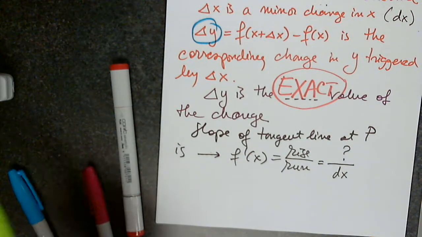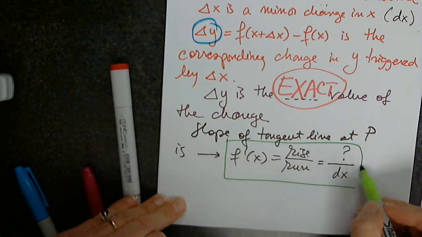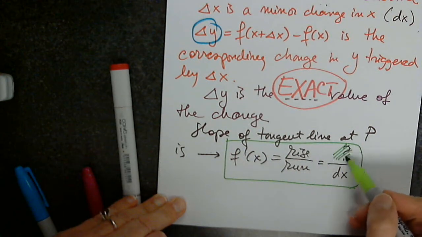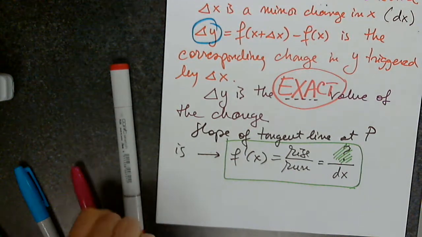Now I'm asking you, look at this, analyze it for a second, and tell me what to put here. We've seen this notation many times before. We use it in logarithmic differentiation, in implicit differentiation. Thank you.